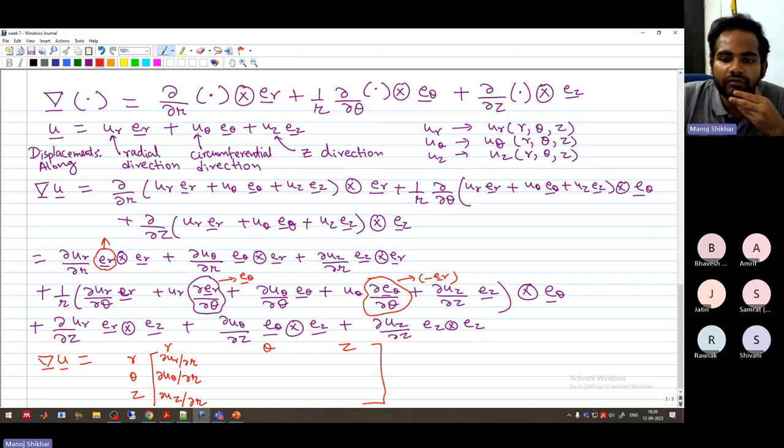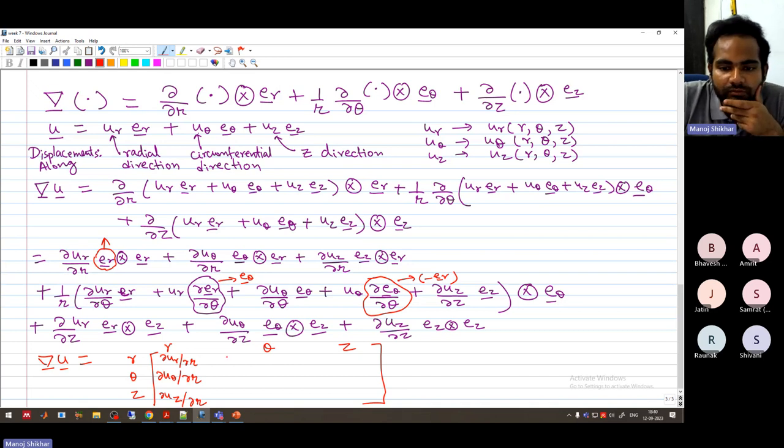Okay. Similarly, if I want to fill the theta column, wherever theta is coming after this dyadic sign, that will be filled using the theta column. So for ER dyadic E theta, this means row of R and column of theta.